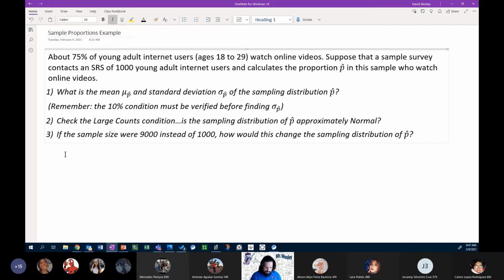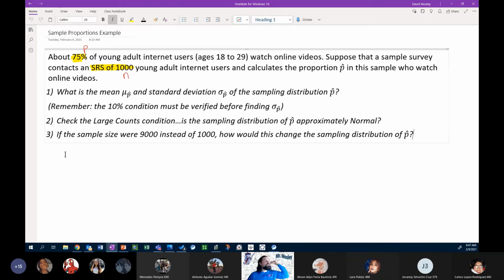Suppose that a sample survey contacts an SRS of 1,000 young adult internet users and calculates the proportion p hat in the sample who watch online videos. So we have 75%. This would be p. We have an SRS of 1,000. That's n, our sample size.